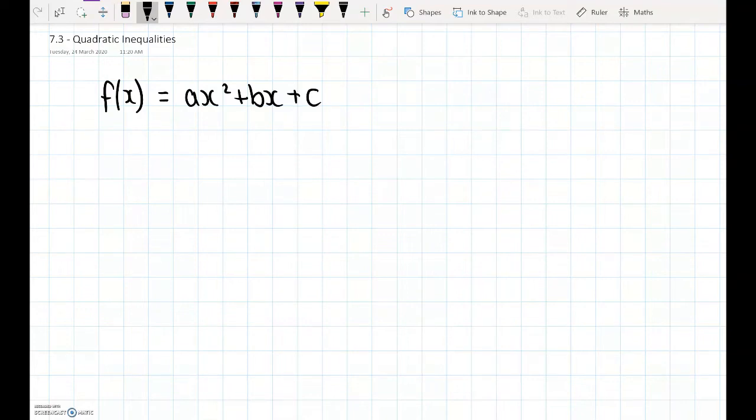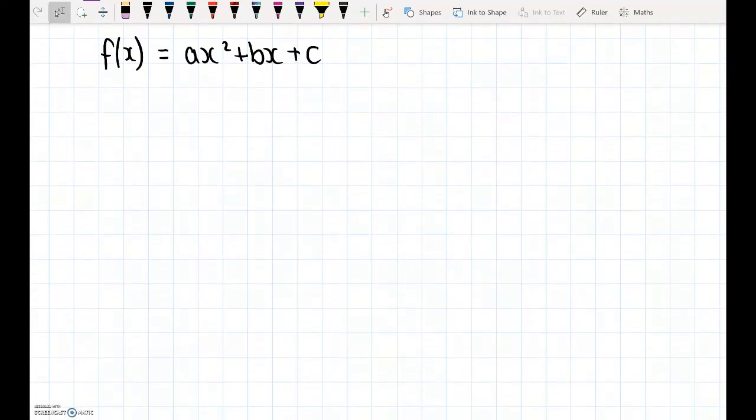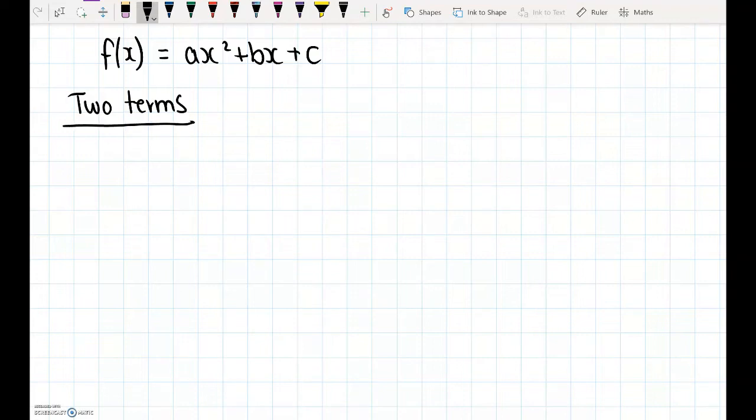Now we will be looking at two categories of quadratic equations. The first type is when there are two terms.